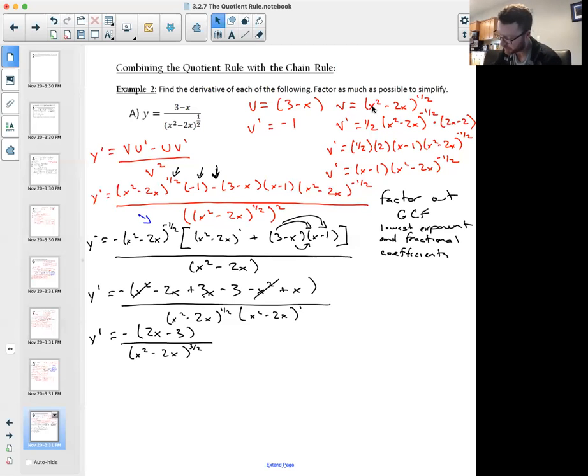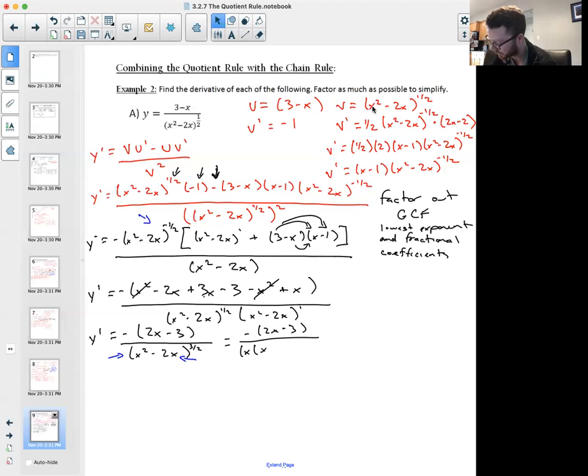And at this point, hopefully you're saying, Mr. Jones, we have 2 x's here. Could we simplify that? Of course we could. Okay, so I'm just going to move over to the right here. I'm losing a little bit of space on the iPad here. But yeah, so we have our negative 2x minus 3 still on the top. And on the bottom, we can factor out an x.